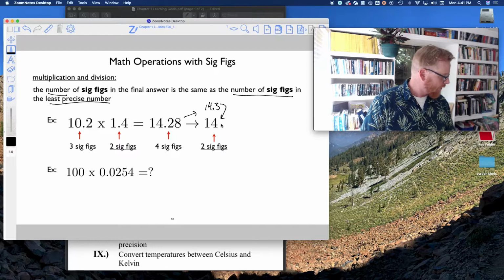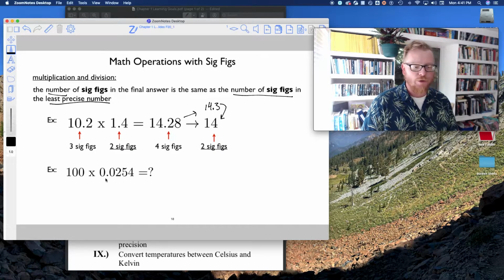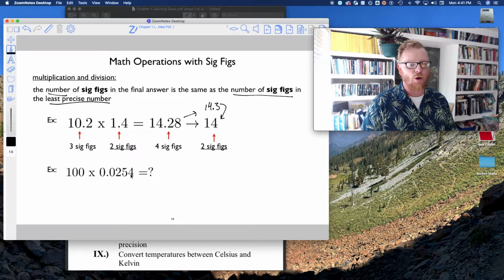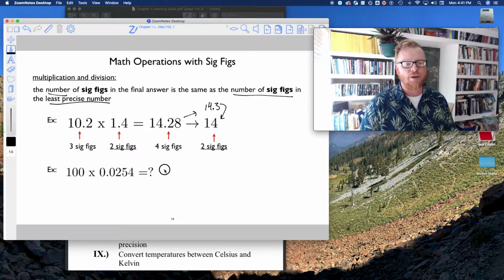Okay, here is another example: 100 times 0.0254. When you throw that into your calculator, you're going to get 2.54. However, look, how many sig figs are in each of these numbers? 0.0254 only has 3 because the leading zeros don't count.